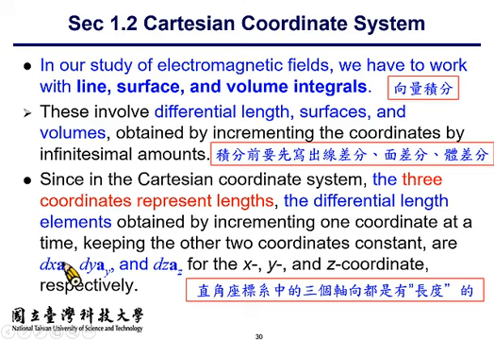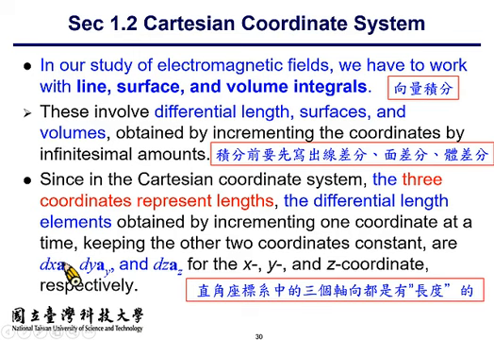So dx represents a small amount of increase in the x direction. Is that a scalar or a vector? Well, it's a scalar. It's only a description of a small amount. But if it is followed by ax, then it becomes a vector.